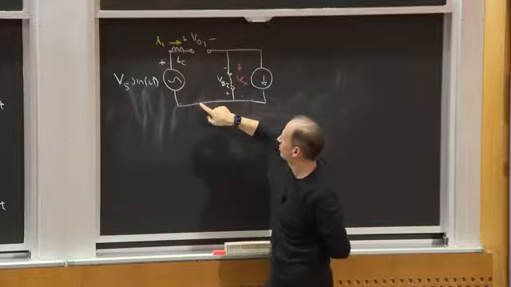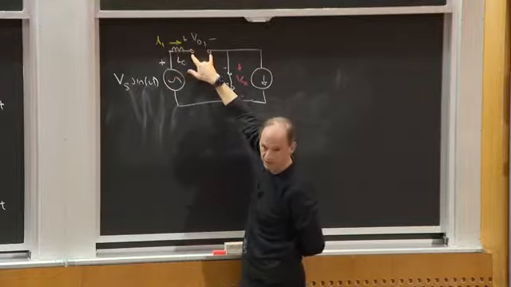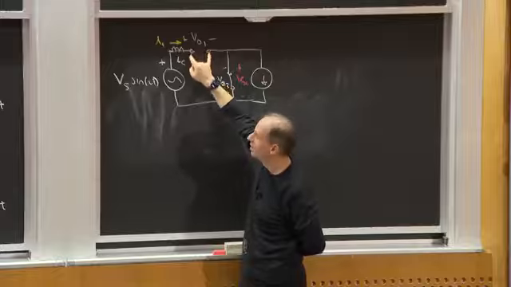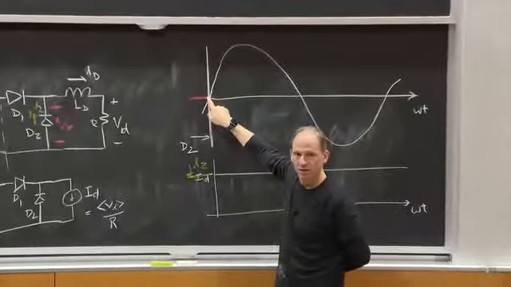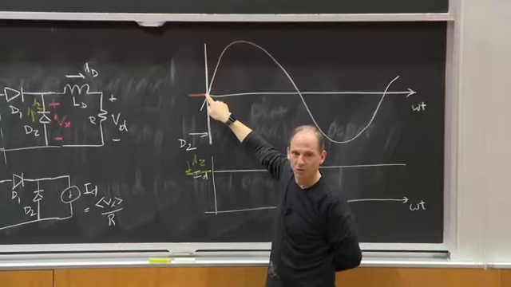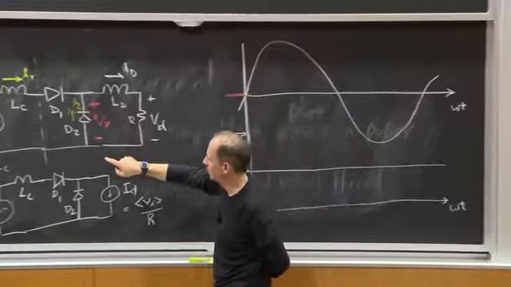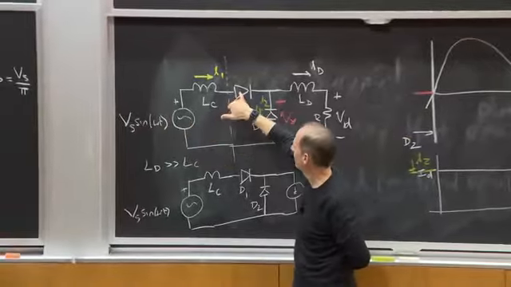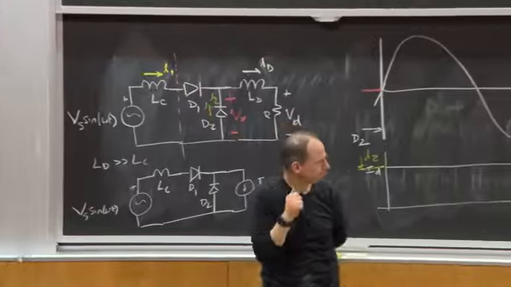So Vs sine omega t drops through 0 and then appears as VD1. As soon as this voltage crosses 0 positive, the diode 1 voltage would go positive, and we know that diode voltages can't be positive. So this diode's going to have to turn on.